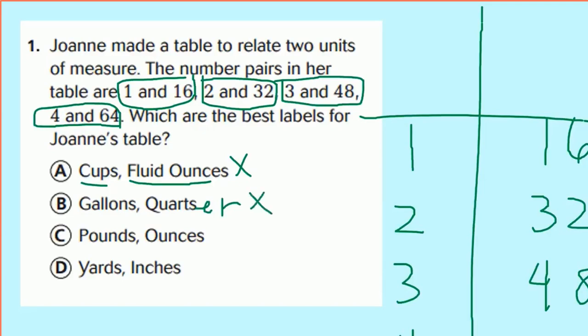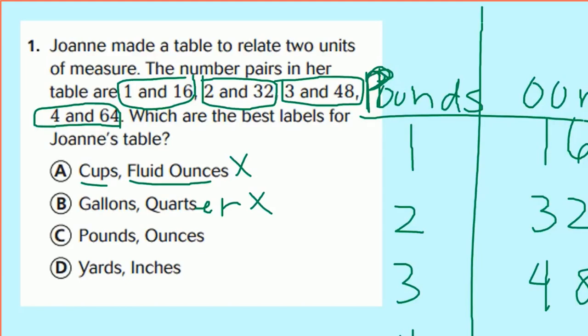All right? Pounds to ounces. Does 1 pound equal 16 ounces? Oh, it does, doesn't it? I think it does.